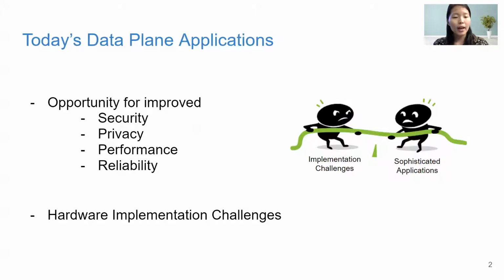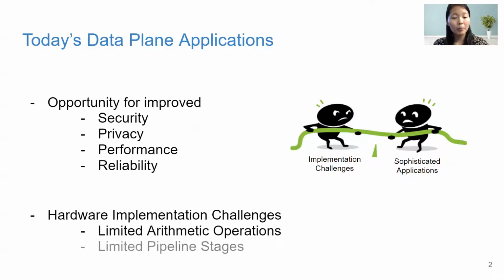So programmable switches have become increasingly more powerful and capable in recent years. But even so, strict constraints like the limited arithmetic operations available and the limited number of pipeline stages on the switches make implementing sophisticated applications in the network still quite challenging.